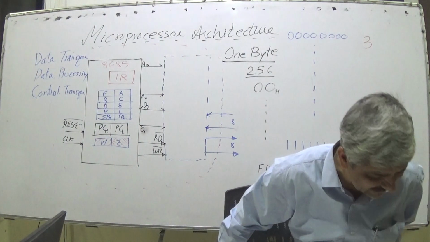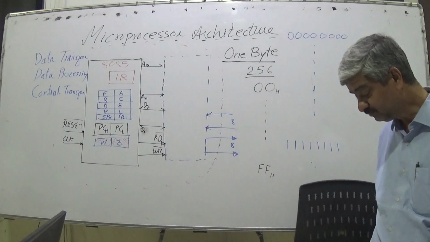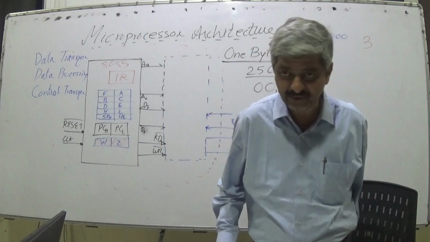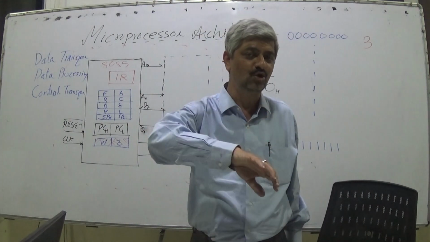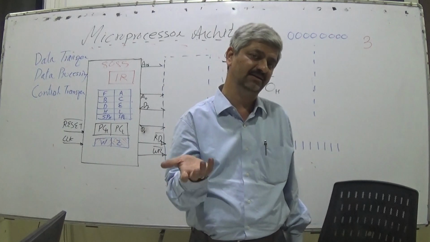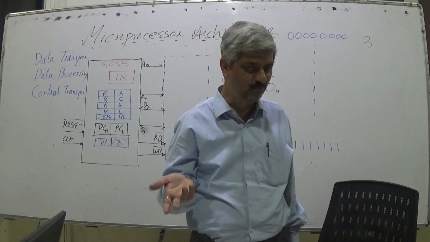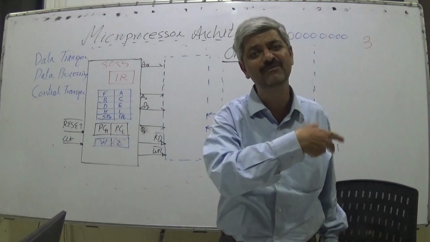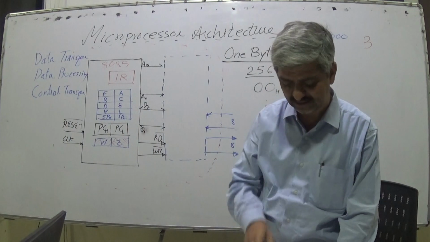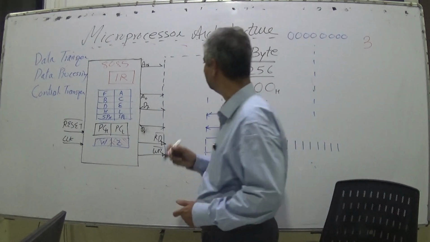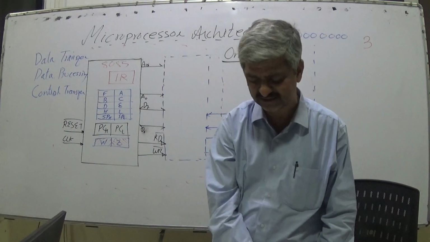But the major application should be that the location in data transfer, either source or destination, is one inside and one outside. Both outside we normally avoid; we will not take that up right now. So in general, I will explain how the instruction set is designed.